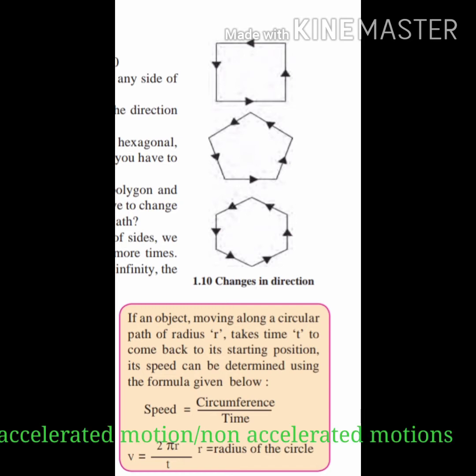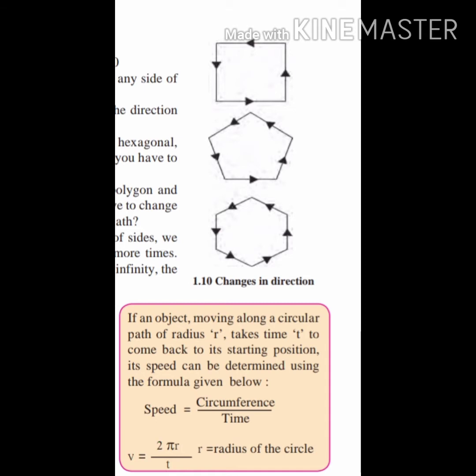If I tell you an object is moving at 5 meters per second, taking a turn again and again, and its speed is maintained at 5 meters per second, can you tell, is it an accelerated motion or a non-accelerated motion? I hope everybody says accelerated motion.